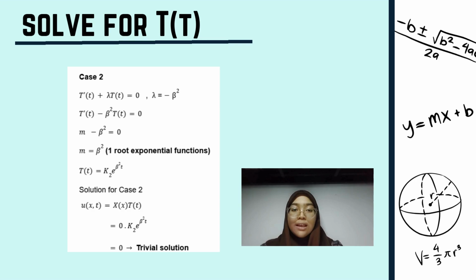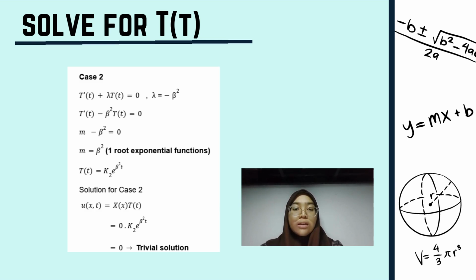Okay, next is case 2. For case 2, we use lambda equal to negative beta squared. By this lambda, we will obtain one root exponential function, which is m equal to beta squared.